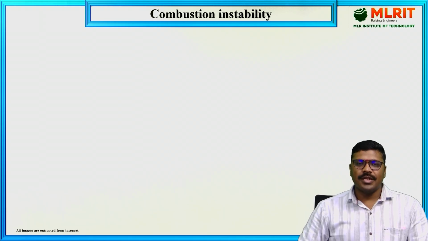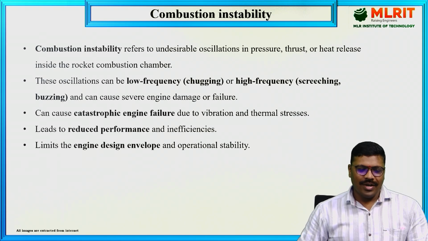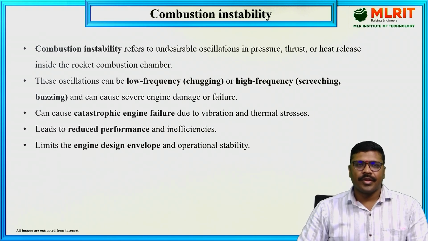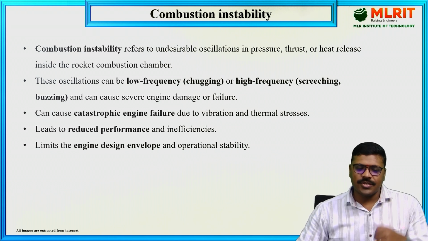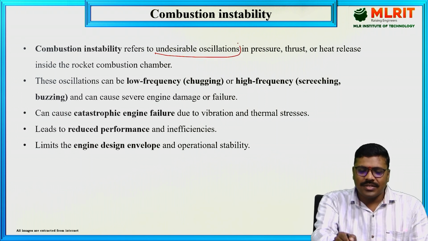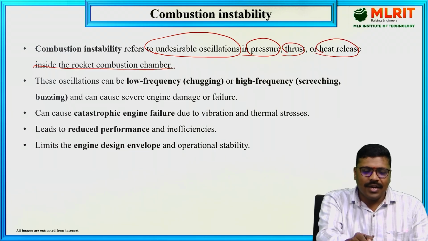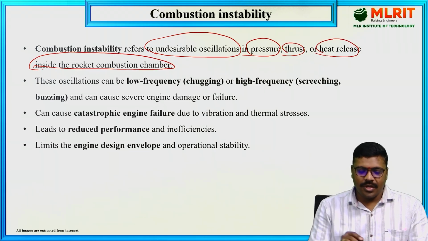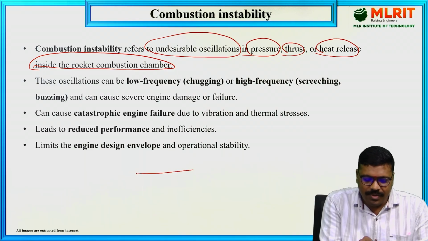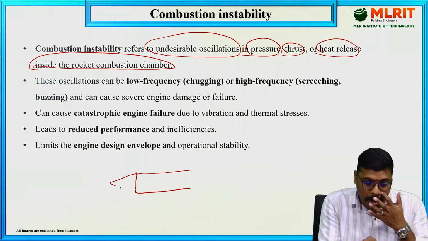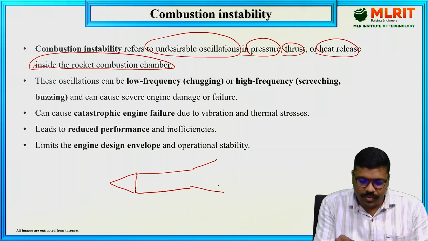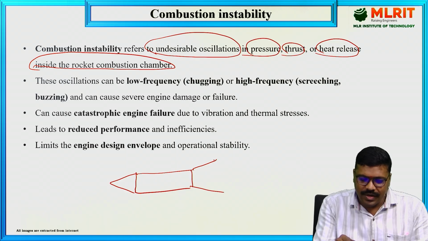Coming to combustion instability. What is combustion instability? Combustion instability refers to the undesirable oscillations in pressure, thrust or heat release inside the rocket combustion chamber. Suppose you take a rocket like this, consider this is the nozzle.